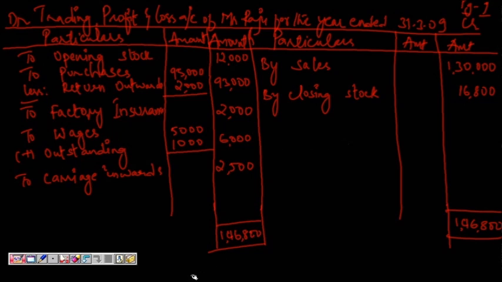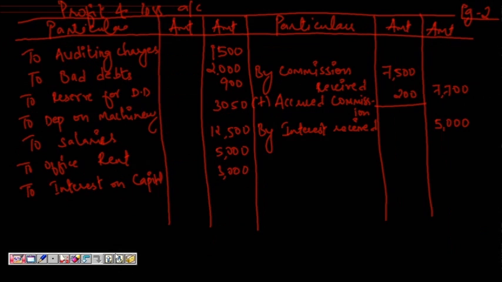If you subtract 1,15,500 from 1,46,800, the difference is called gross profit. So write gross profit here. To gross profit carried down. Right, carried down at any cost. The value of gross profit is 31,300.